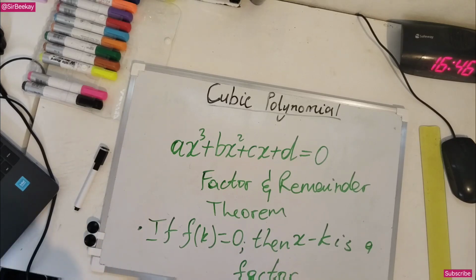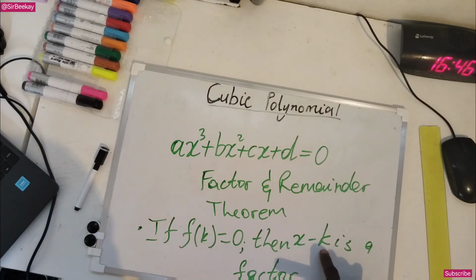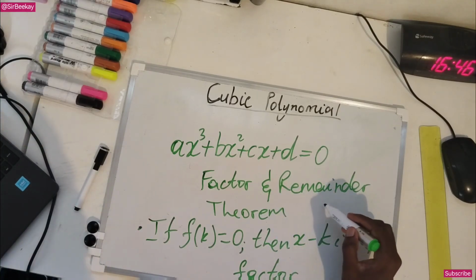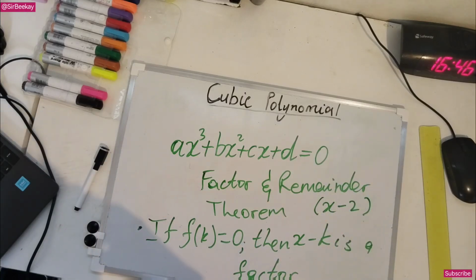What does this statement tell us? This is x minus k. It should be something of this nature, like when we are factorizing a quadratic equation.